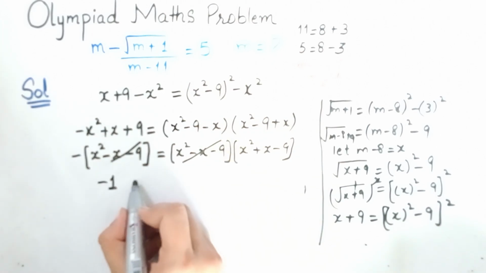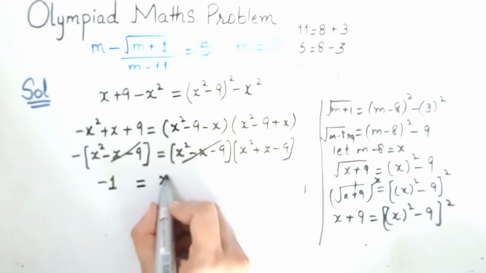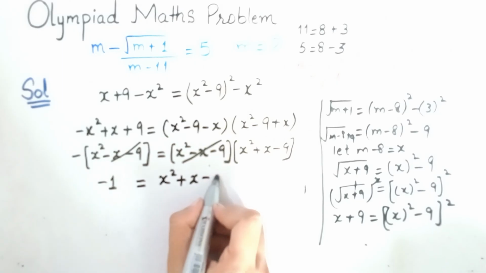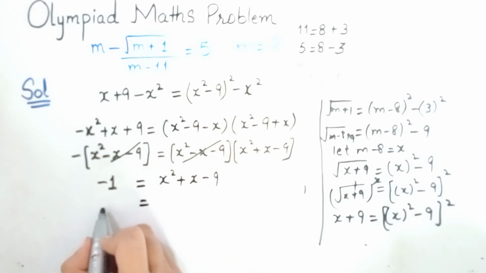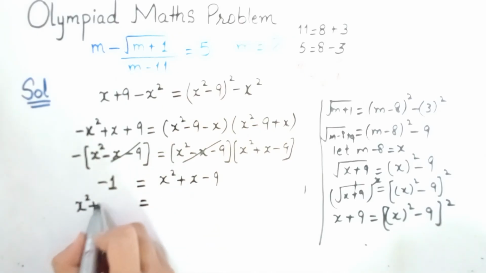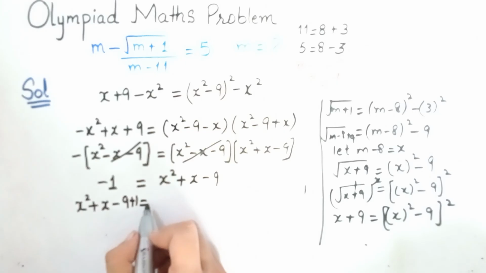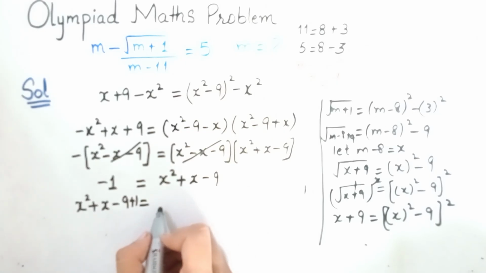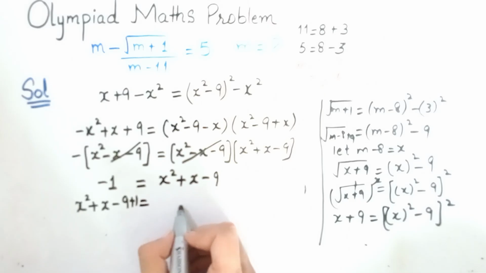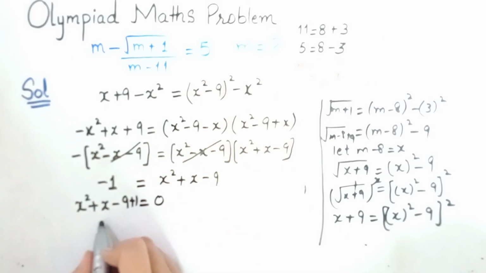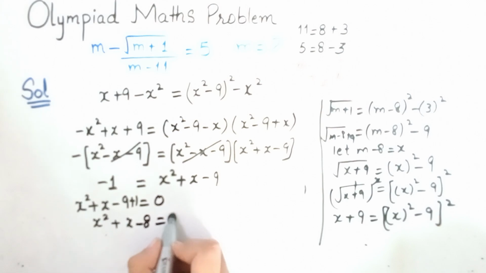These are cancelled out. Minus 1 equals x square plus x minus 9. Minus will move to this side. We get x square plus x minus 9 plus 1, that gives us 0. So x square plus x minus 8 equals 0.